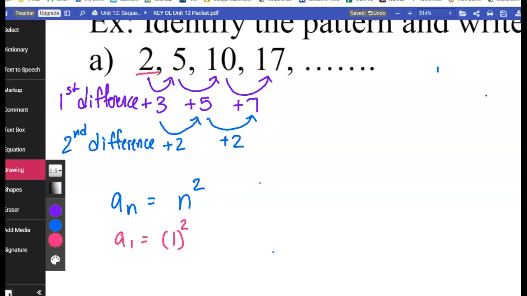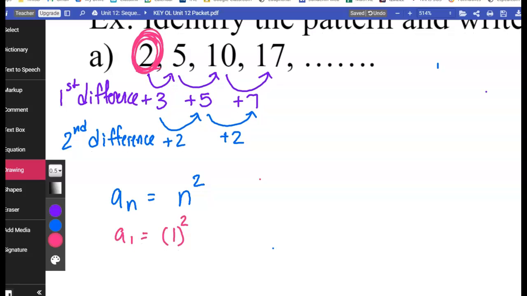Is that what my first term is equal to? What do I need to do to this definition to force the first term to be equal to 2? What do you think I can do? Yes, Sophia, we just need to add 1. And that's what will make it be correct.